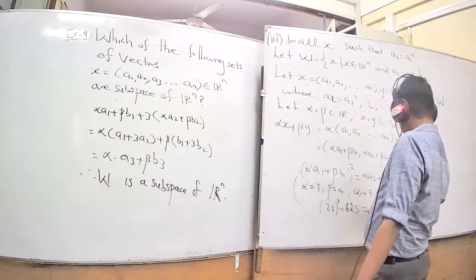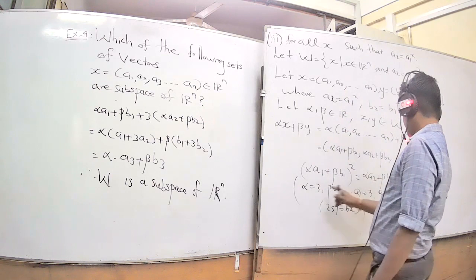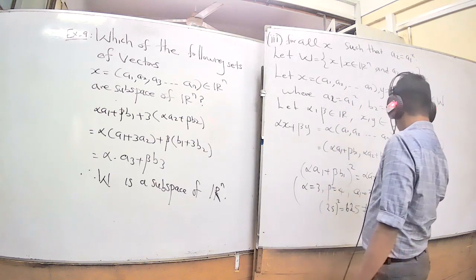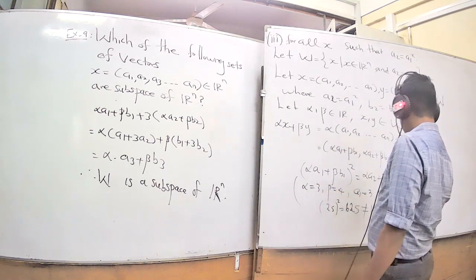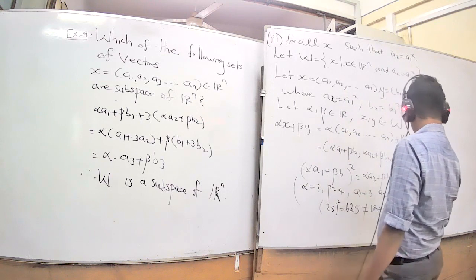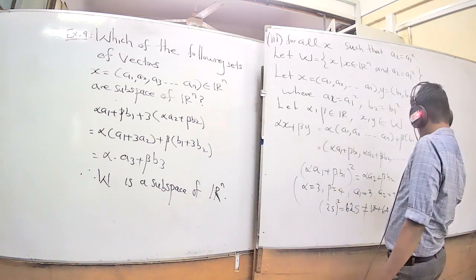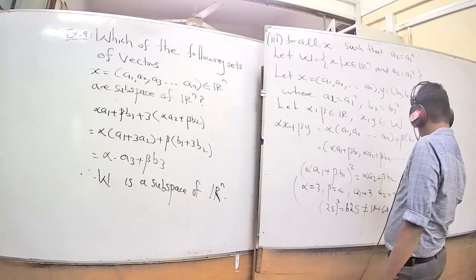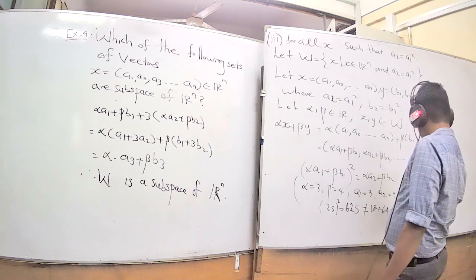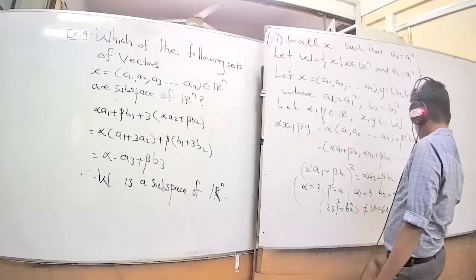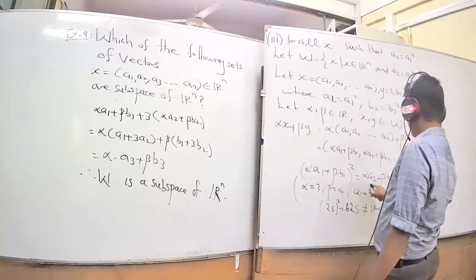This one is not equal. Here alpha a2: 3 times 9 is 27, plus beta 4 times b2, which is 16, giving 64. The total is 91. But this is not equal.